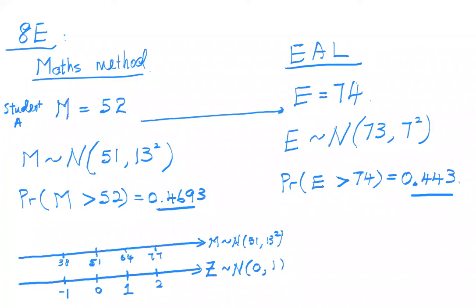The same goes for EAL. If I have a mark of 52, what will the standard score be? Can someone tell me? Based on this analogy, what is the standard score for 52?